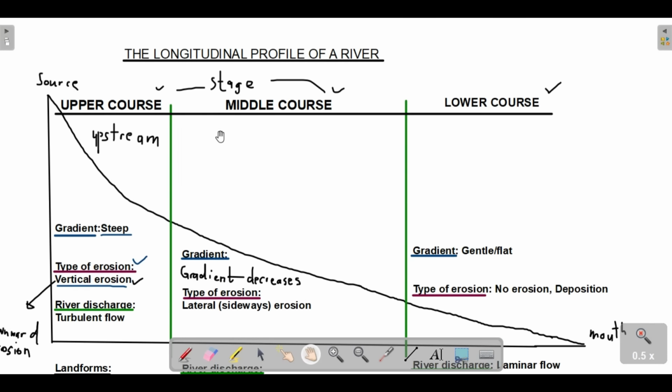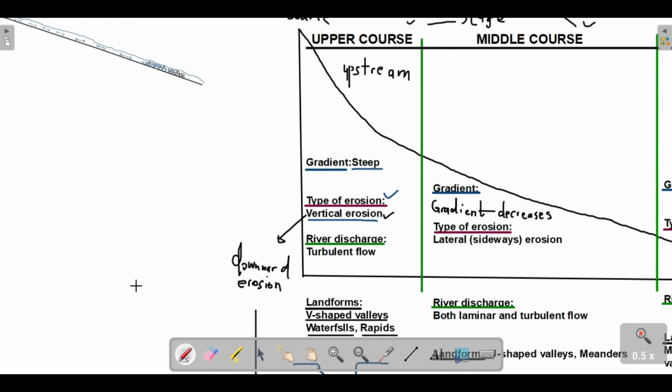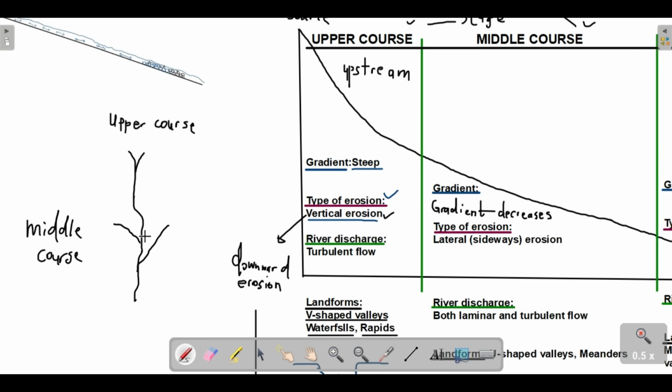Now, if I were to draw a top view of a river, let's say this is the upper course. In the upper course, we have very few streams really, and then in the middle course, more streams join the main channel.